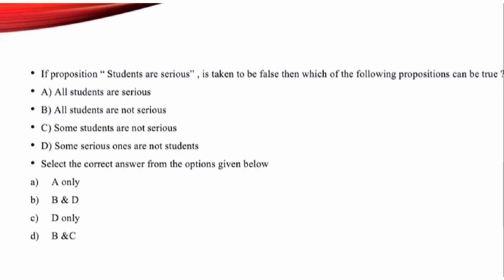Okay, here option B, all students are not serious. If students are serious is false, then we can take B and C as true. That also says some students are not serious. So B and C can be considered true if the proposition students are serious is false. Option D is the right answer.